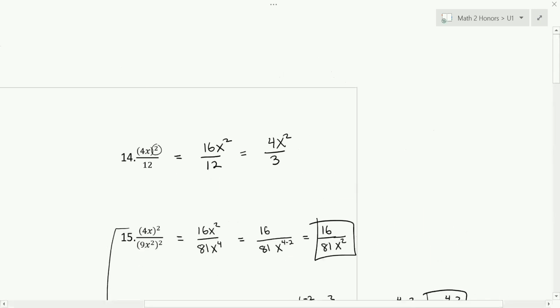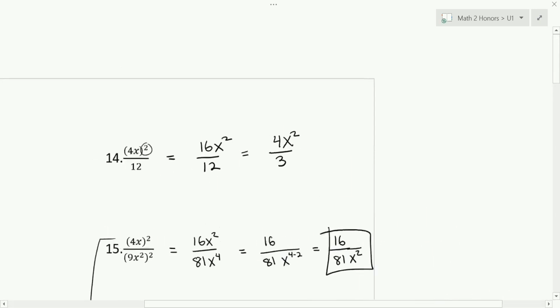Okay, so let's go over these. Number 15. Rosario, what'd you get? Perfect. Good job. So 16 over 81x squared is what you want for 15. There's multiple ways to do these things, okay? But I'm going to just demonstrate one way here.